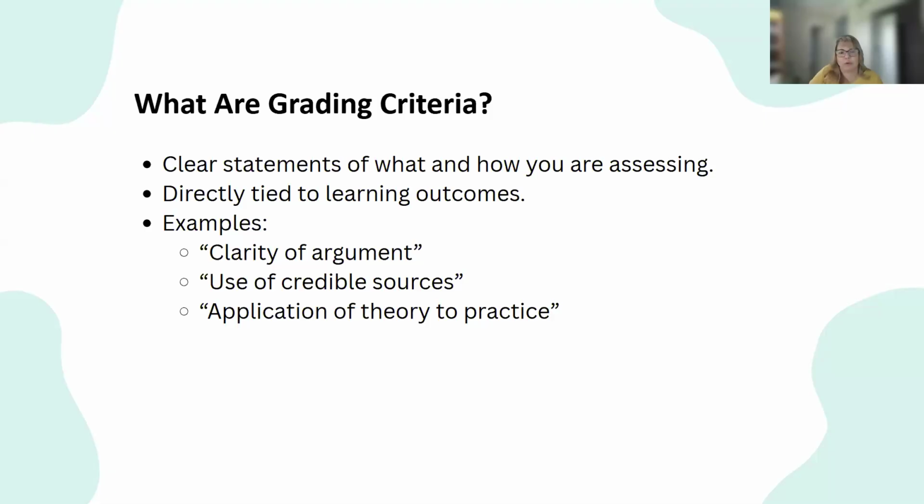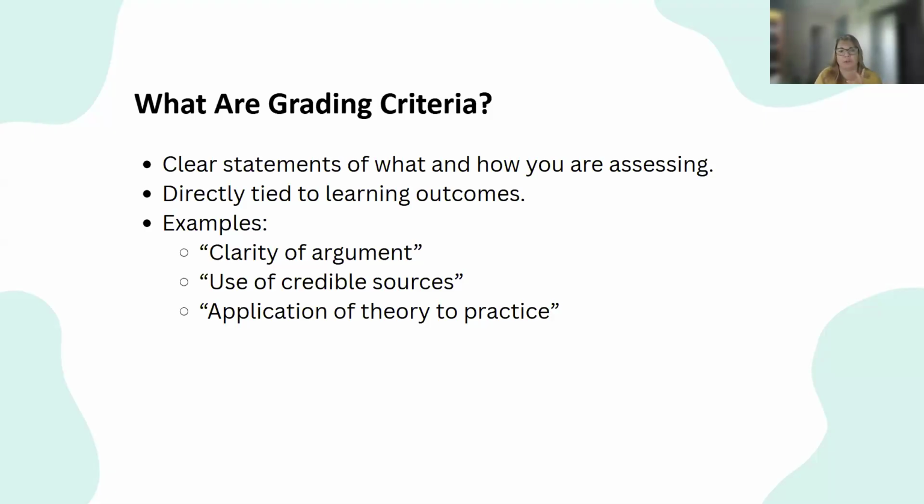They should be observable and measurable. So again, some examples would be supports claims with evidence or shows signs of progress in your grading criteria.